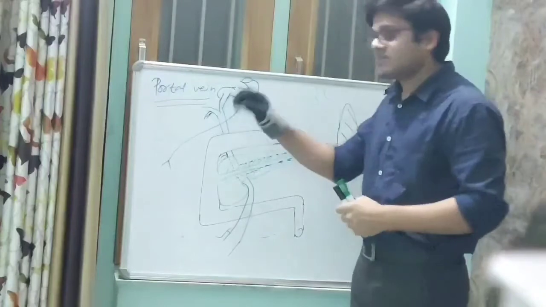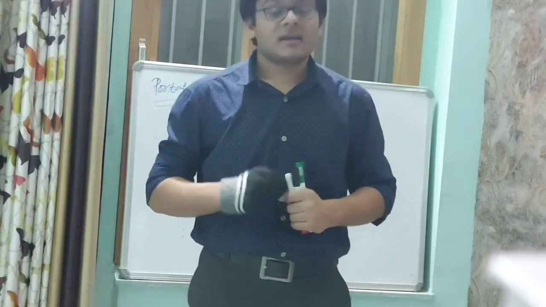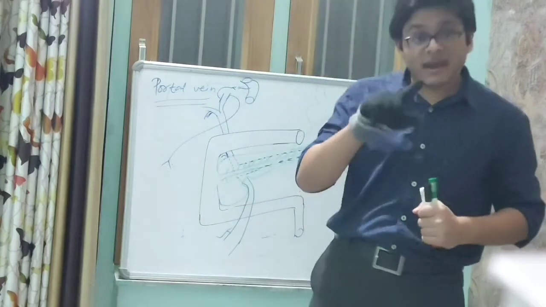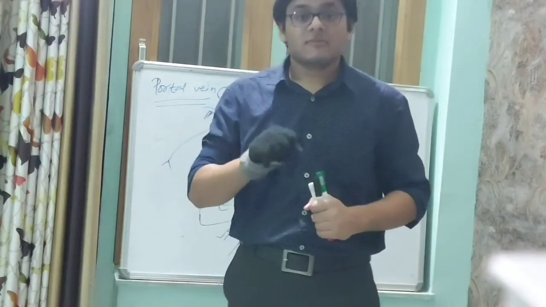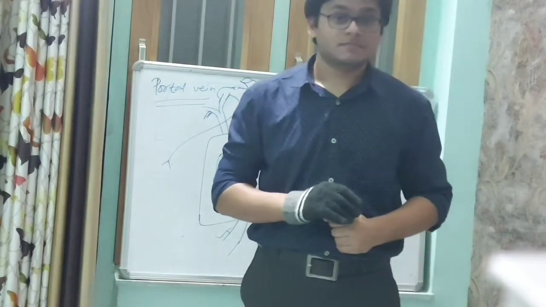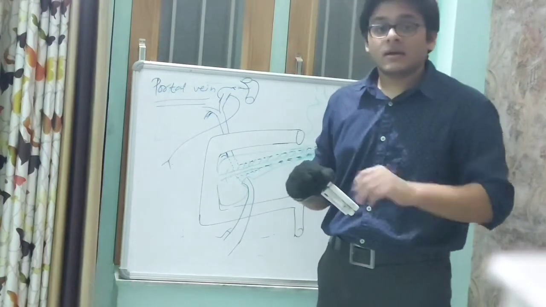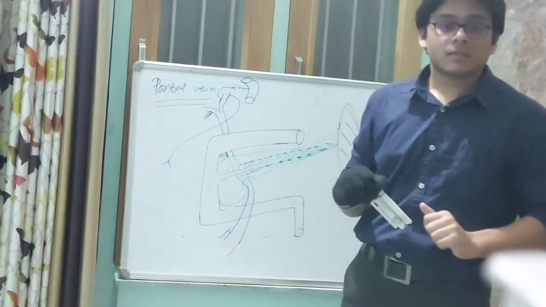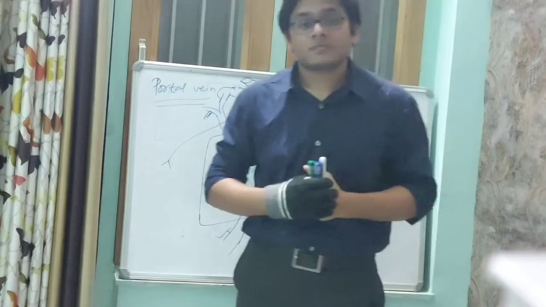Now, as albumin is deficient, the colloidal osmotic pressure will be decreased, and colloidal osmotic pressure prevents the flow of liquid, the flow of water into the interstitium. Okay, so when the albumin is deficient, more fluid will be transported into the interstitium, and this will cause a lowering in blood pressure.